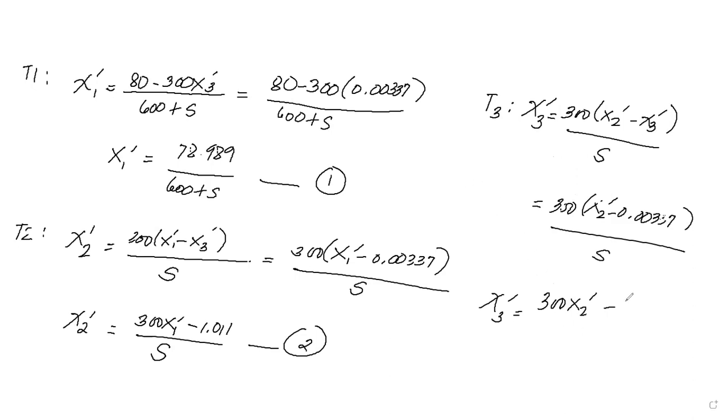That would be your 1.011 all over S. So you have now 3 equations with all the S present.